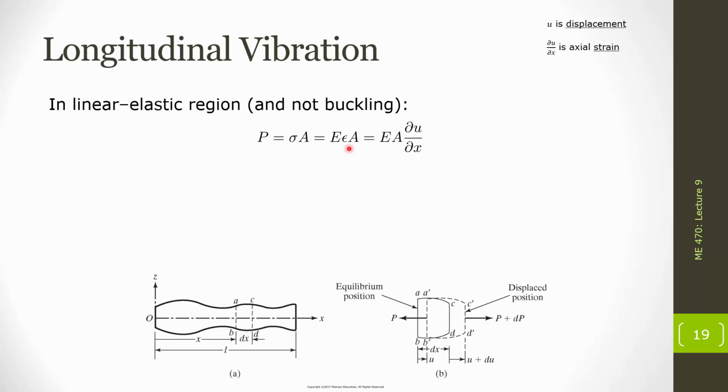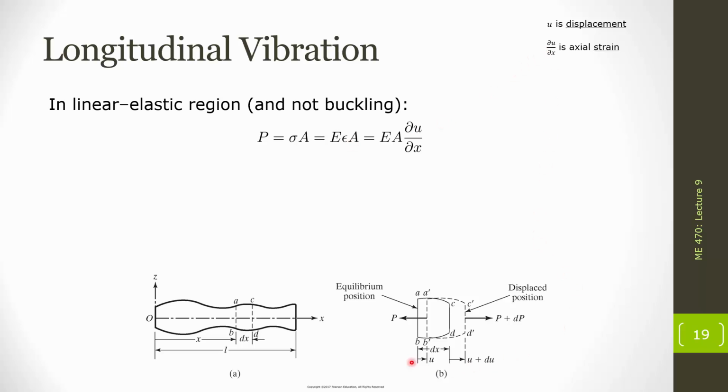In the linear elastic region, they're related by the Young's modulus, E. And we know that if we multiply the Young's modulus times the normal strain, epsilon, we are going to, in this region, get to our internal normal stress. So P is also then equal to Young's modulus times epsilon times A.